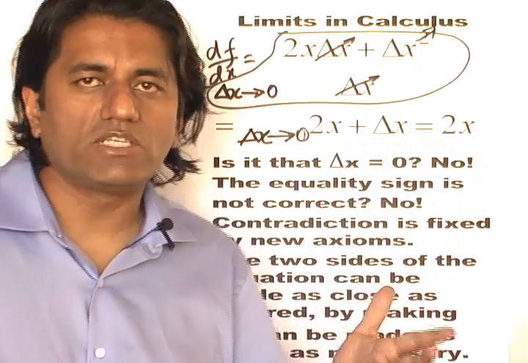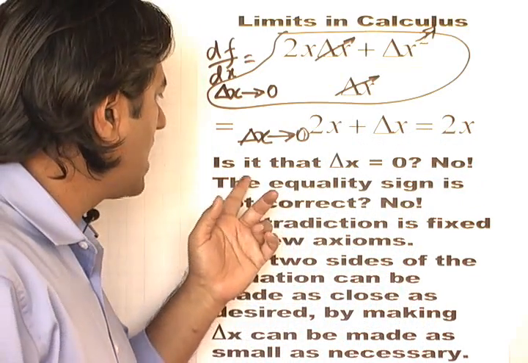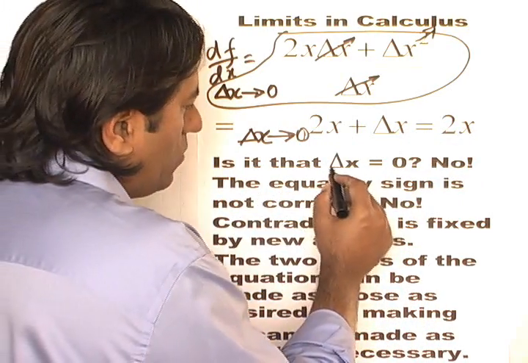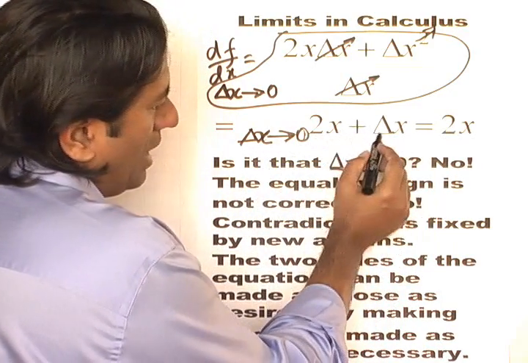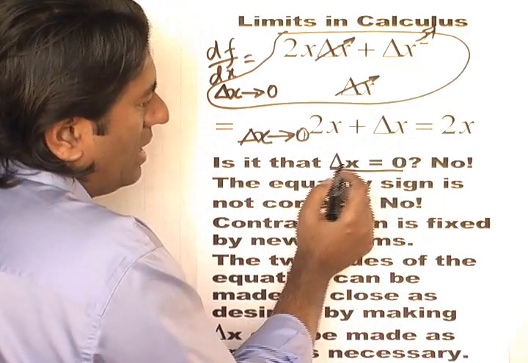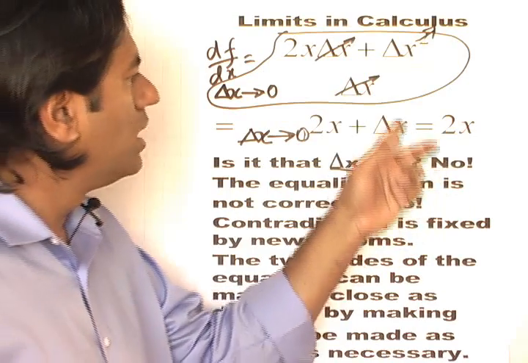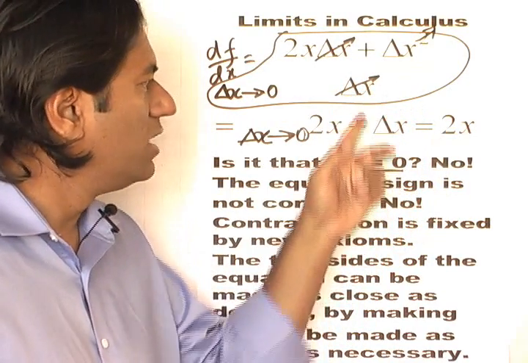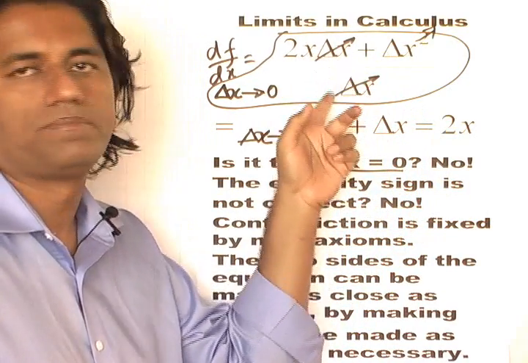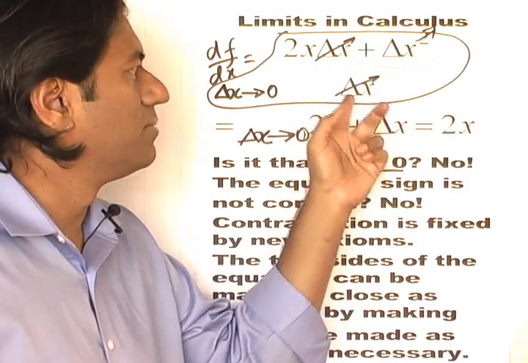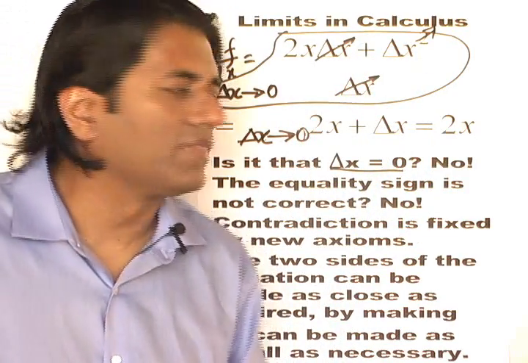So the question which may occur is, is delta x equal to 0, when we just eliminate this delta x? And the answer is no, because if it was 0, then we could not have done this cancellation, because division by 0 is not allowed.